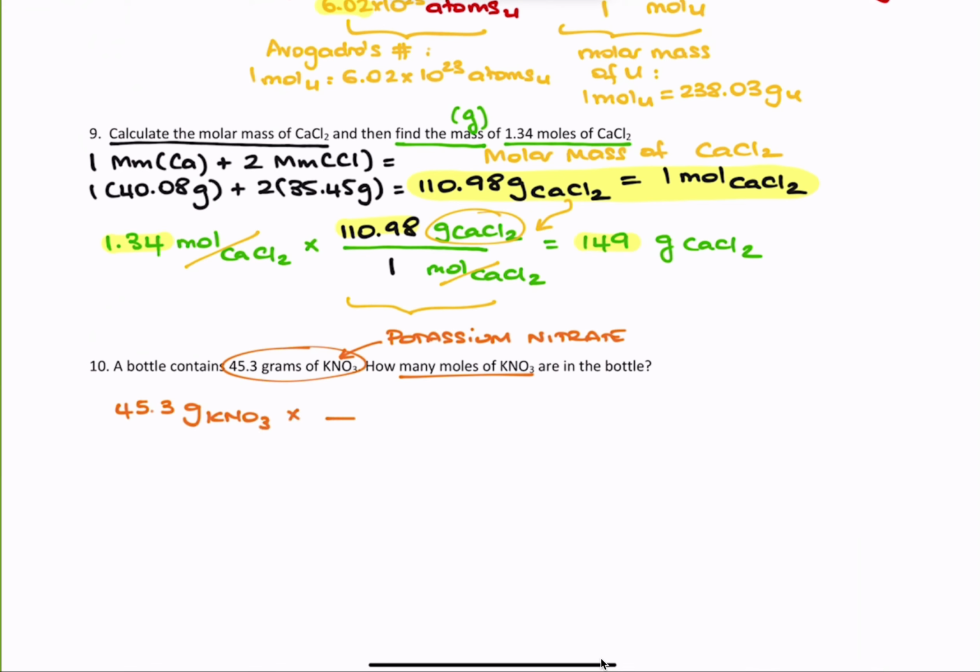We want to get moles of KNO3, therefore we have to cancel grams of KNO3.